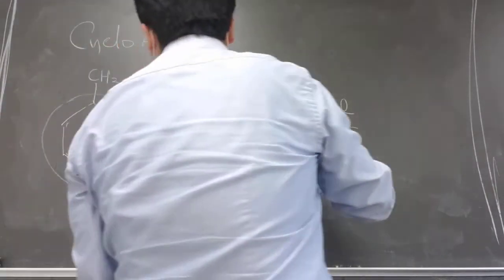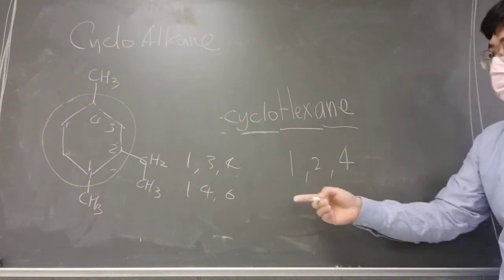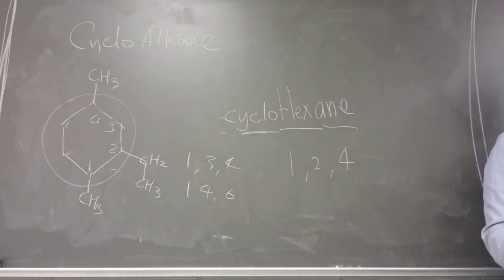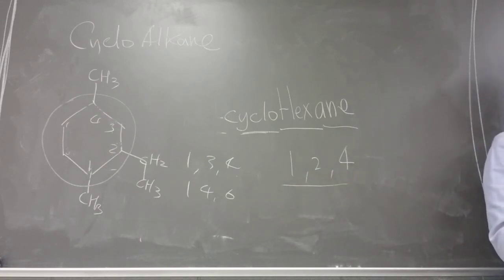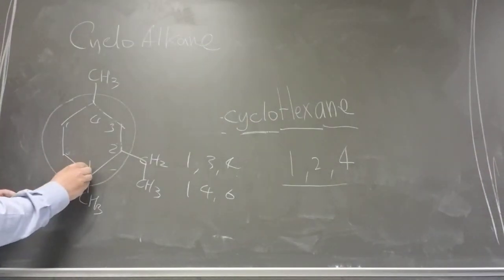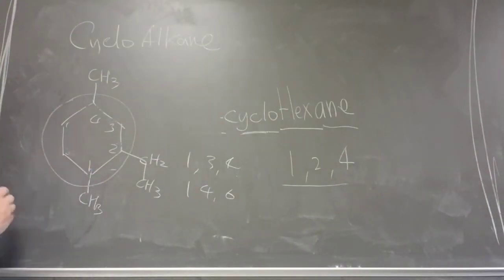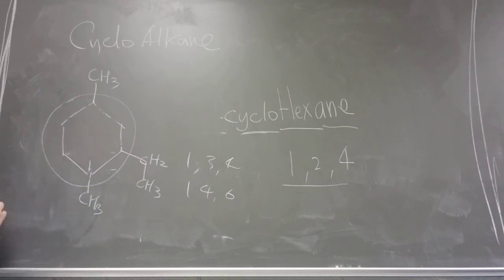So that will give you 1, 2, and 4. And among all the possible combinations of locants, this looks the lowest to me. Do you agree? Right? So now I decided to number the carbon from here and counterclockwise, just to make the minimum possible number for the location of the substituent groups.